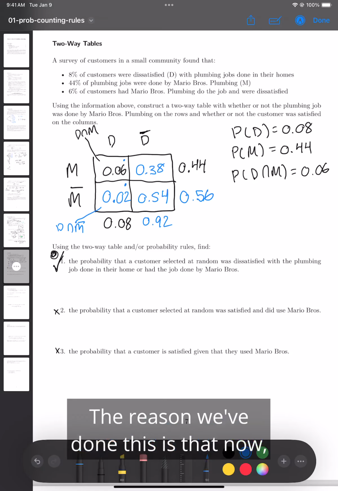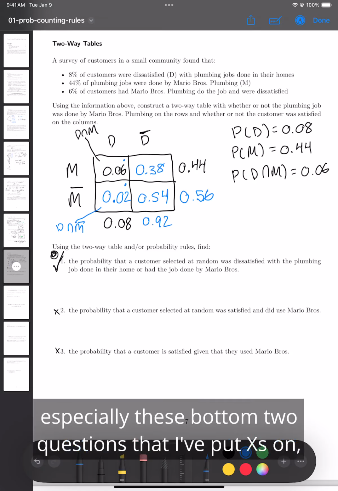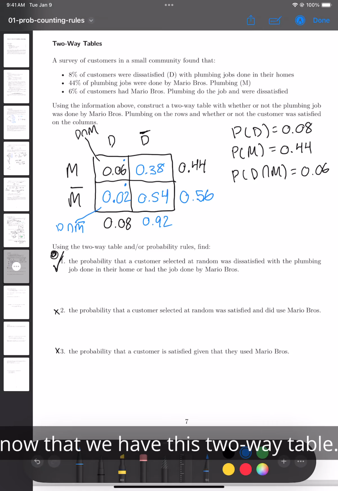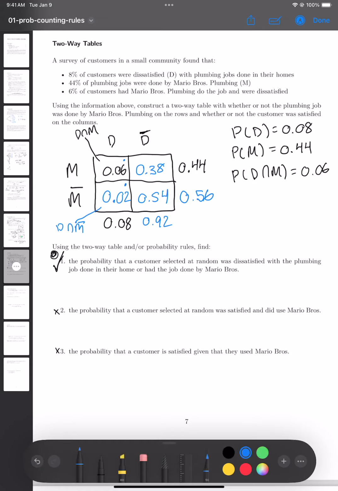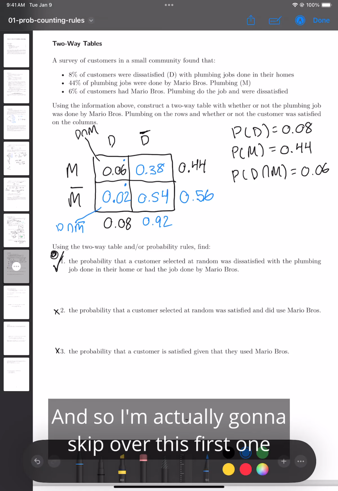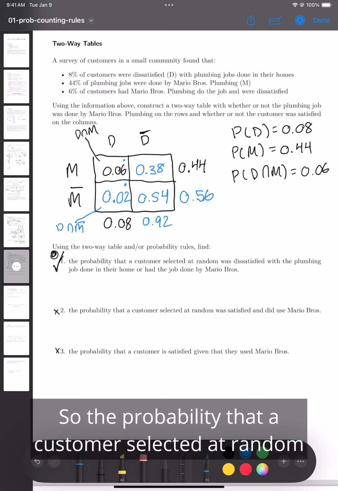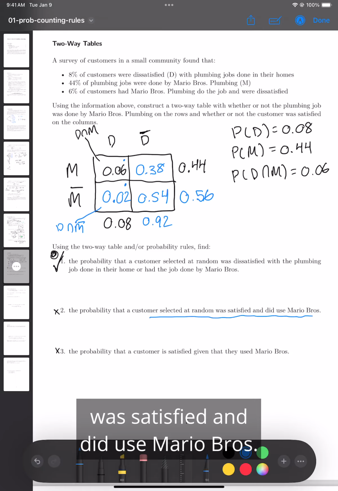The reason we've done this is that now, especially these bottom two questions that I've put X's on, they are so much easier to answer now that we have this two-way table. And so I'm actually going to skip over this first one for a second and jump straight to number 2. The probability that a customer selected at random was satisfied and did use Mario Bros.